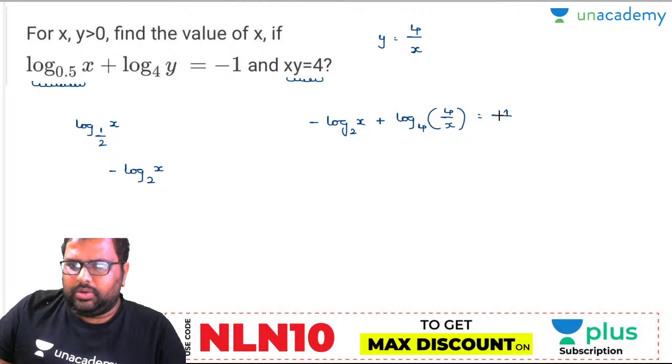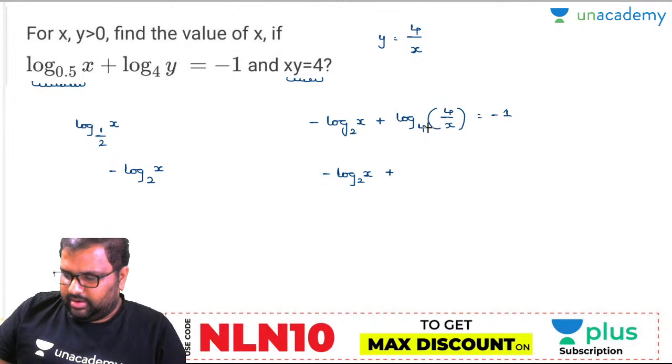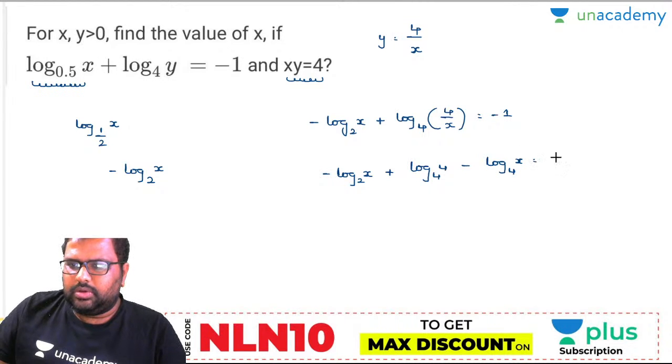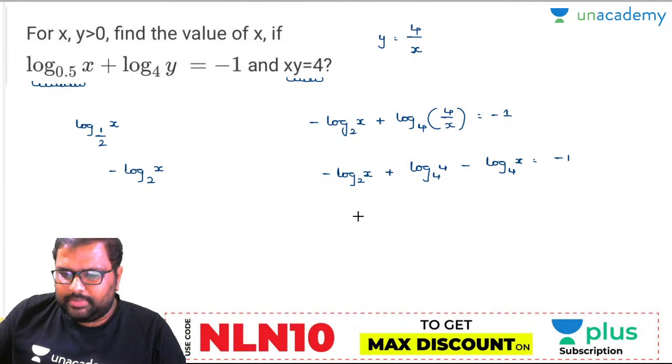I can write this as m by n, which is m minus n, so log base 4 of 4 minus log base 4 of x is equal to minus 1. So this value is already 1. Am I right or wrong? So can I write the same equation like this? Minus log base 2 of x.